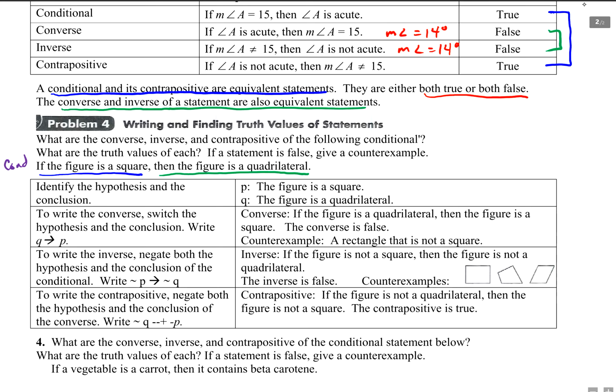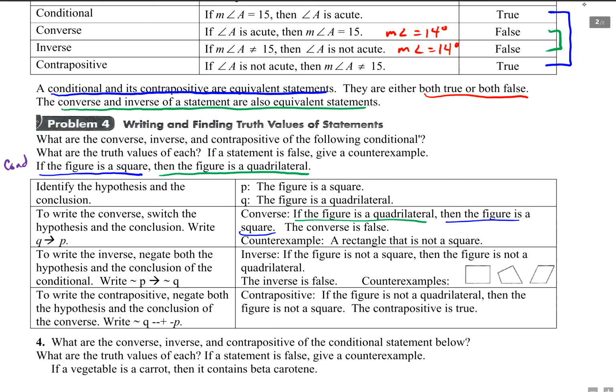To write the converse, we are going to flip those. So we have, if the figure is a quadrilateral, then the figure is a square. Is that a true statement? Now our requirement is quadrilateral. Is every quadrilateral a square? No, it's not.